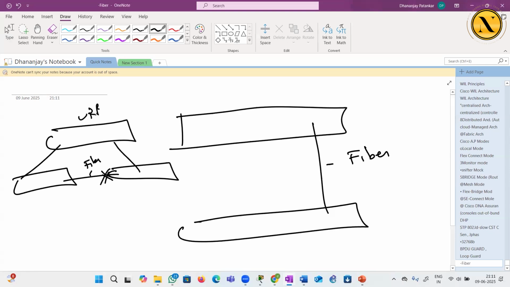Root bridge, designated port, root port, DP, alternate or blocking mode, also known as non-designated port. Hello, hello, hello.